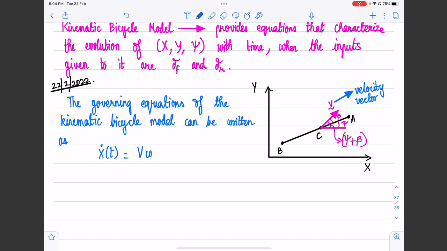And what is that component? It is the magnitude of the velocity vector V multiplied by cos of the angle. What is the angle made by the velocity vector with the global x-axis? It is psi plus beta.